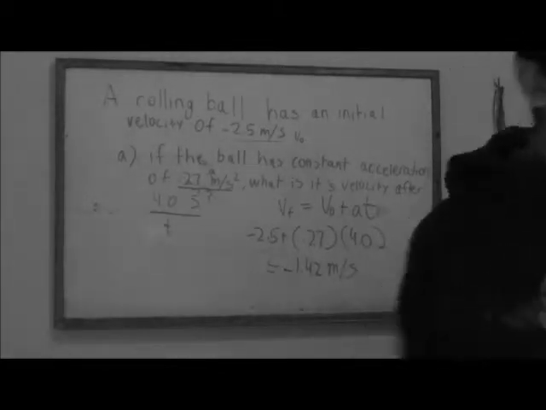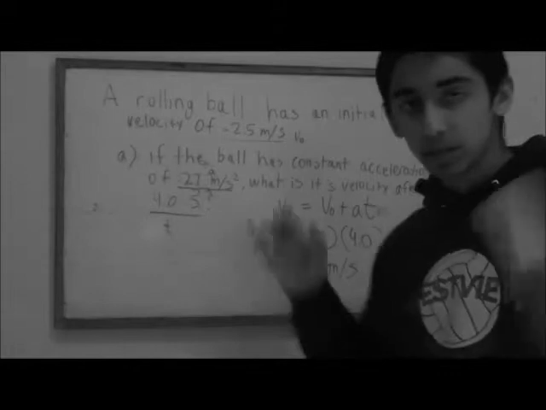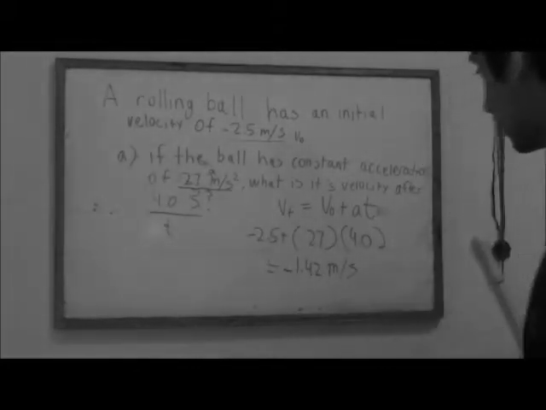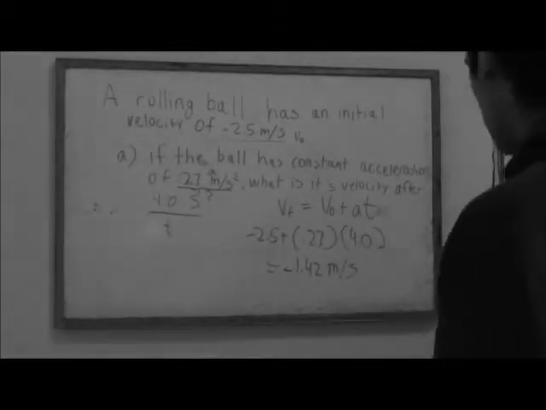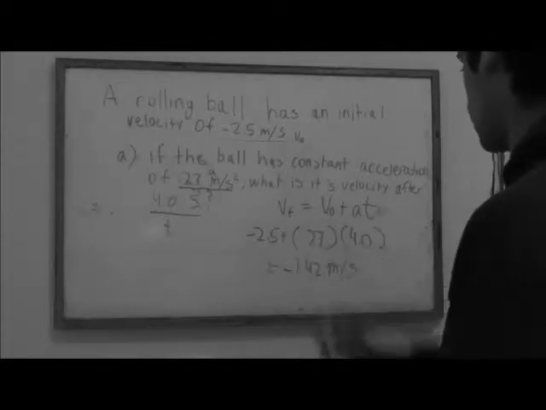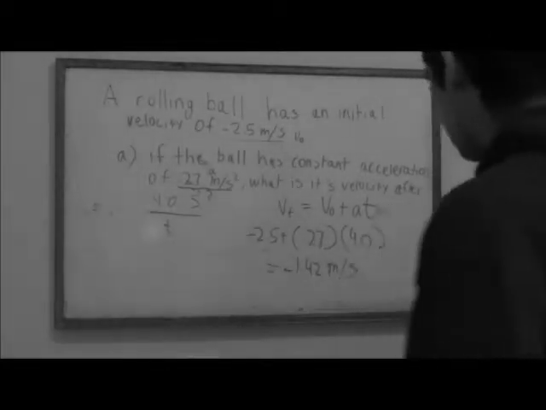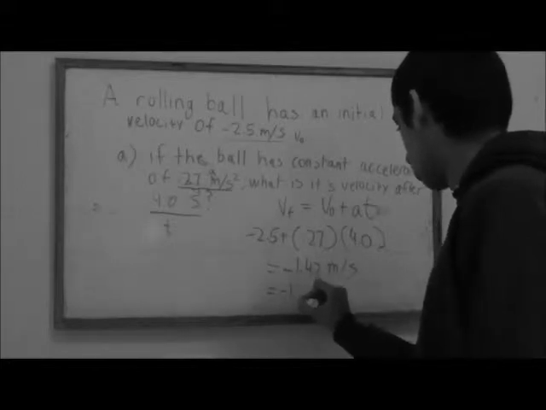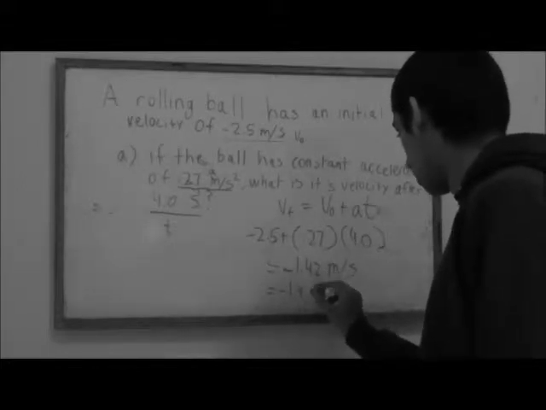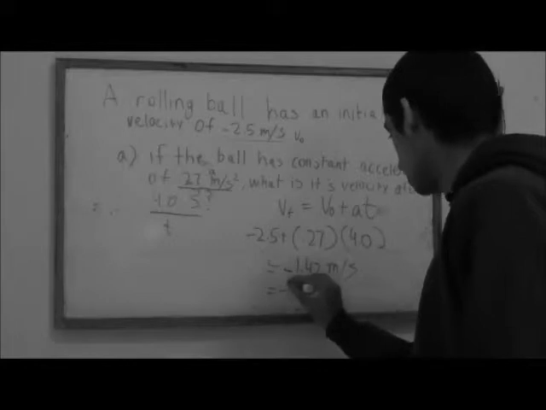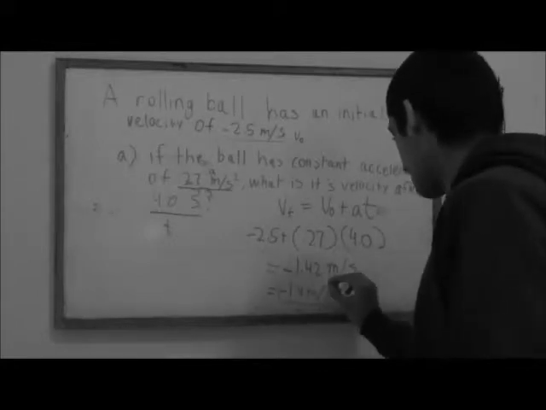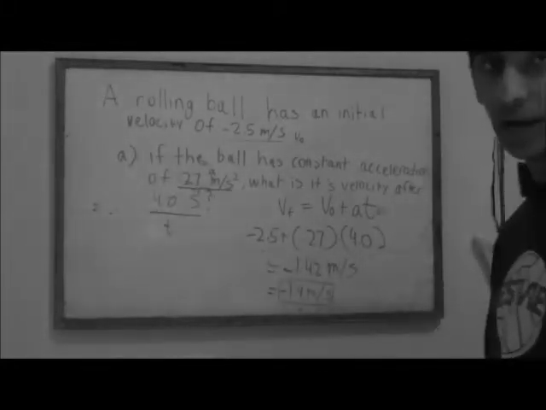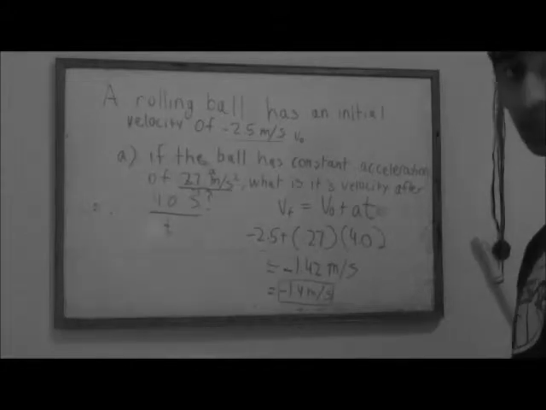Yes. But we got sig figs to do. So now sig figs, okay, so let's see. I see 0.5, one digit as my least number, so then my actual answer will be 1.4 meters per second. And this is my answer for A, which is negative 1.4 meters per second.